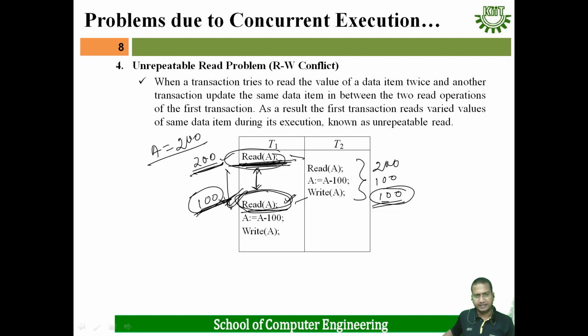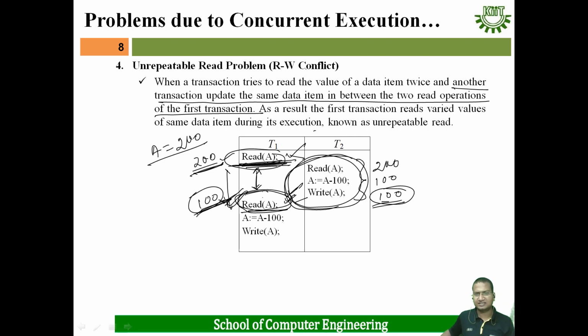Okay, then why does such a problem arise? When transaction T1 wants to read a data item twice, and another transaction updates the same data item in between the two read operations of the first transaction, the first transaction reads varied, different values of the same data item during its execution.